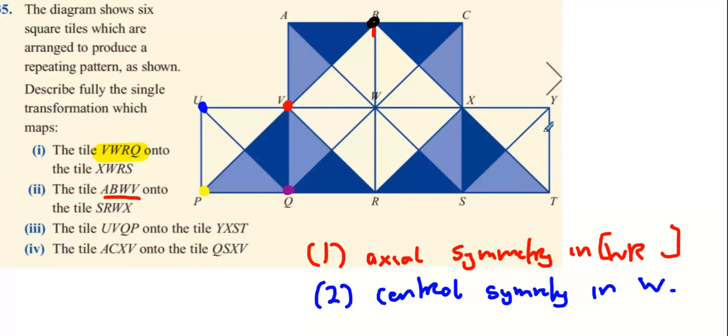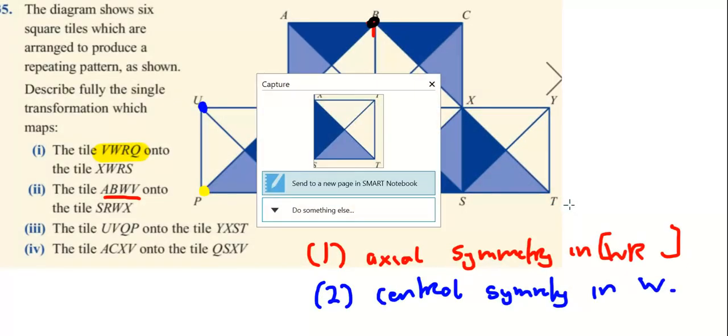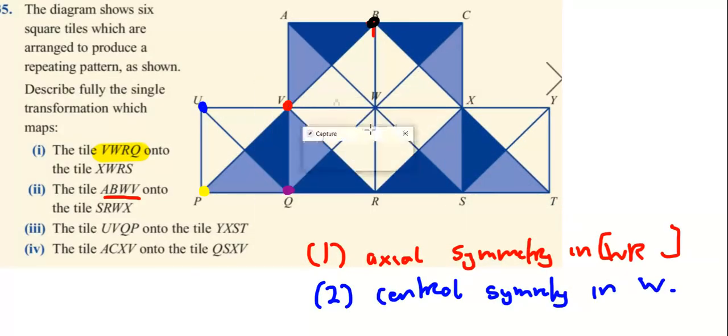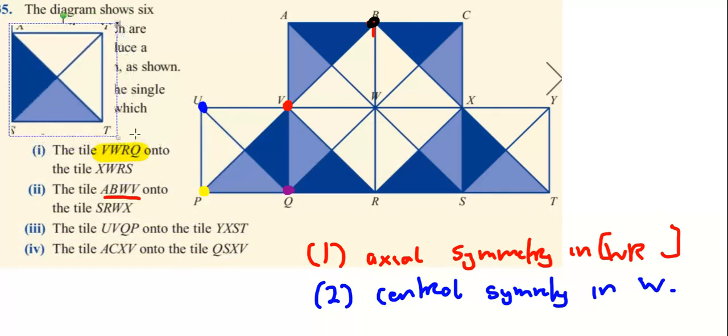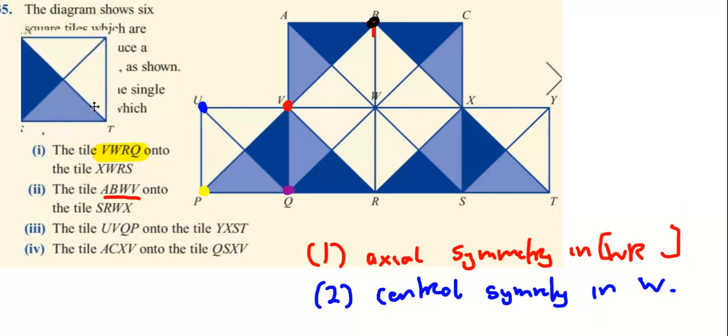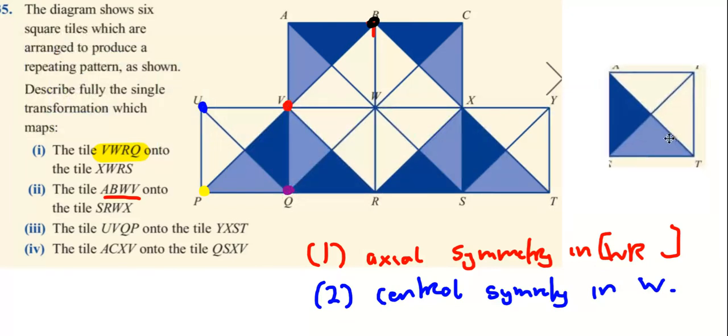You can see if you look at the two of them, they're mirror images of each other. But where is the mirror? If I was to bring that across, like so, you can see that they're actually mirror images of each other. See that? So it's got to be axial symmetry.